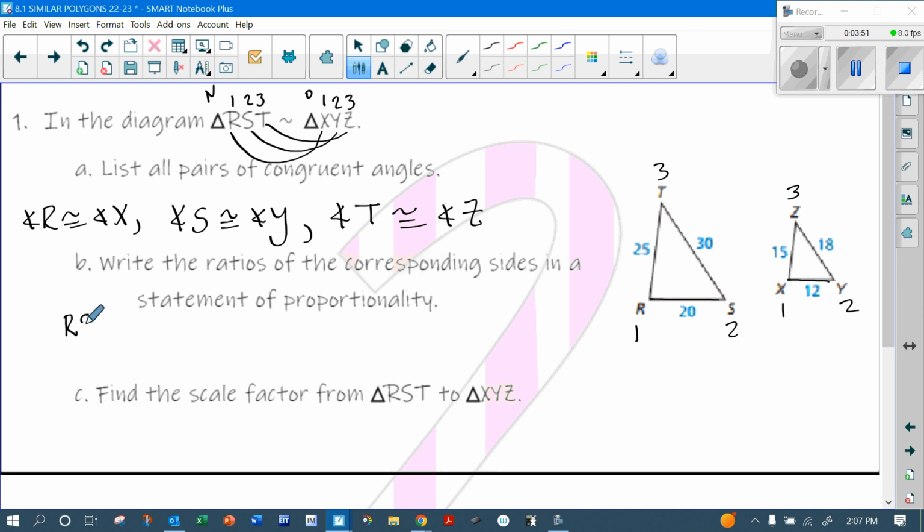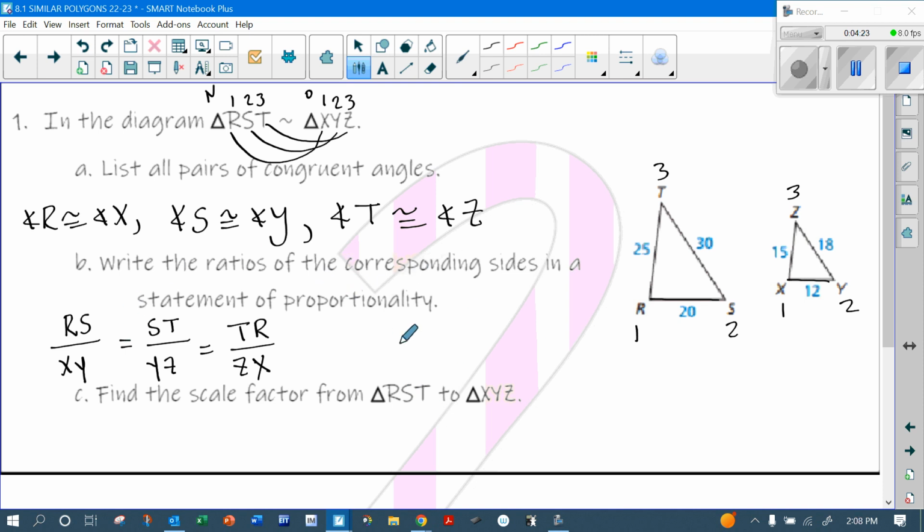Okay, and that is going to be equal to ST over YZ, which is equal to TR over ZX. So that is your statement of proportionality.